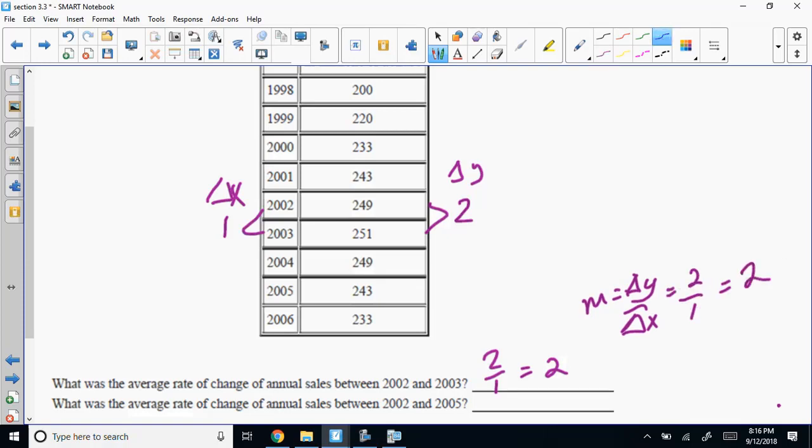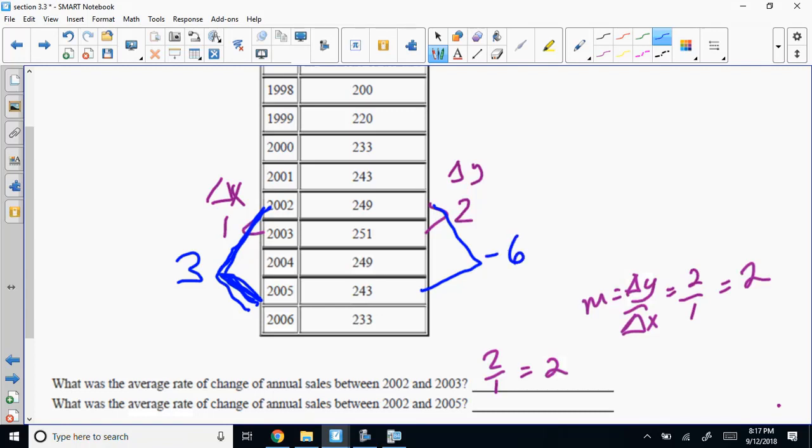Y'all agree? How far is it from 249 to 251? 2. And now they want us to go from 2002 to 2005. So how far is it from 2002 to 2005? That's 3. And then they want us to go here, right? So how far is it from 249 to 243?